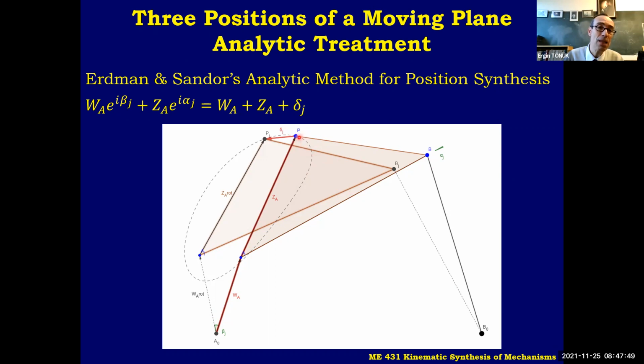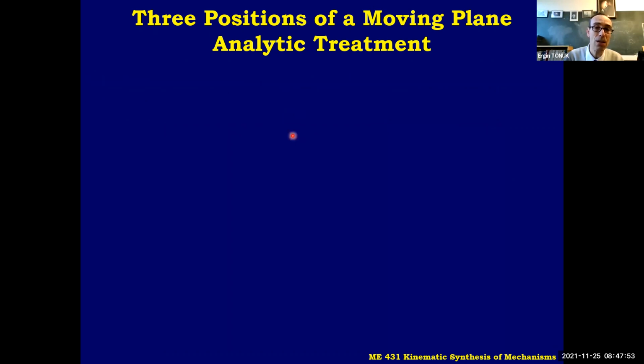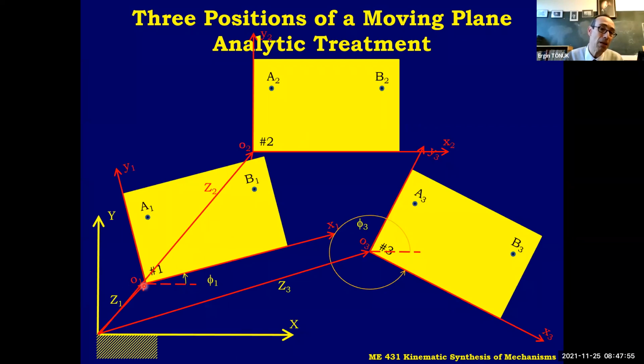So P is a representative point in the plane, which can be the origin of our coordinate system. Remember, this lowercase xy is arbitrary. So you may select P1 as the origin of your coordinate system in position 1, P2 at 2.